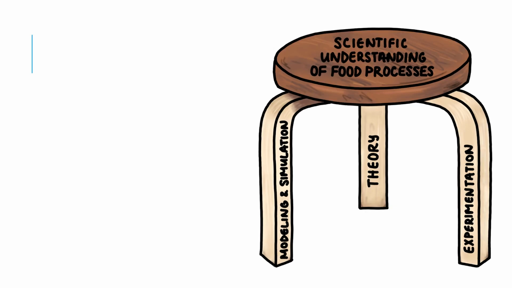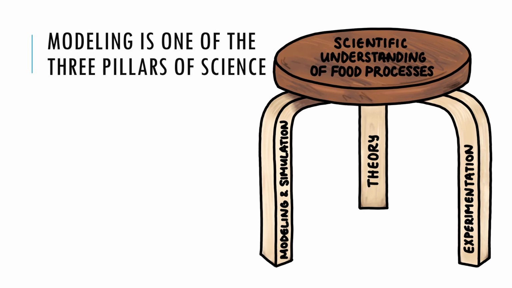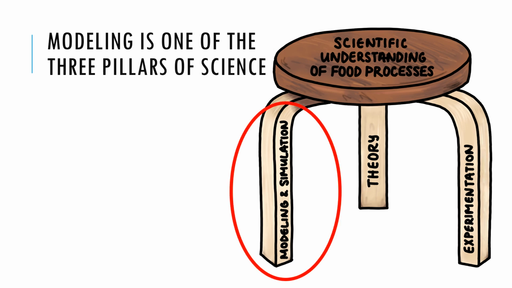As said elsewhere, modeling is one of the pillars of science, along with experimentation and theory. So eventually, understanding and optimization is our purpose, and it is the same with experimentation.